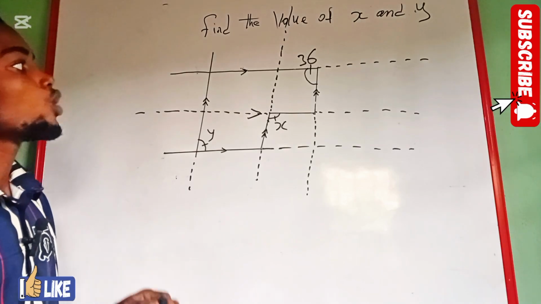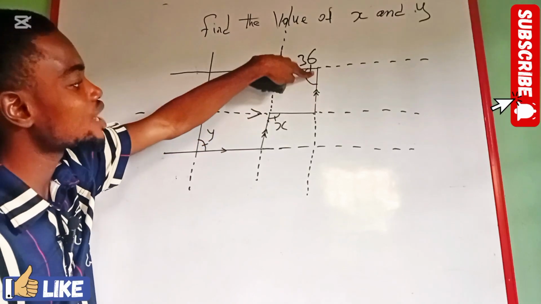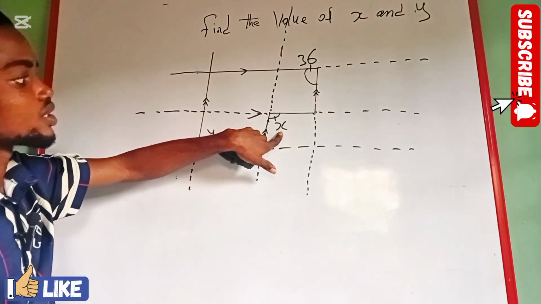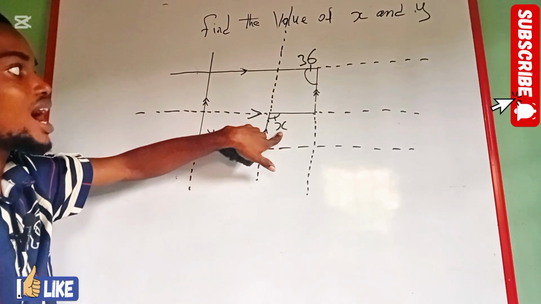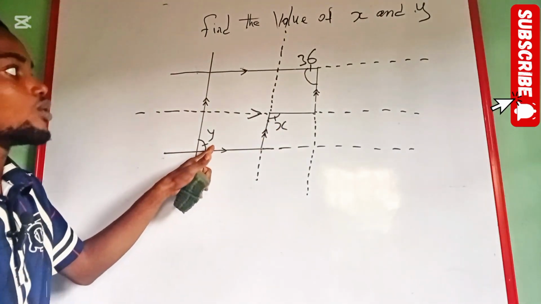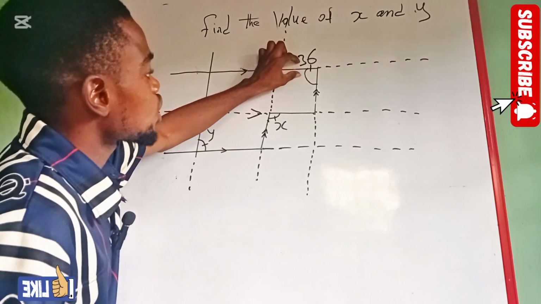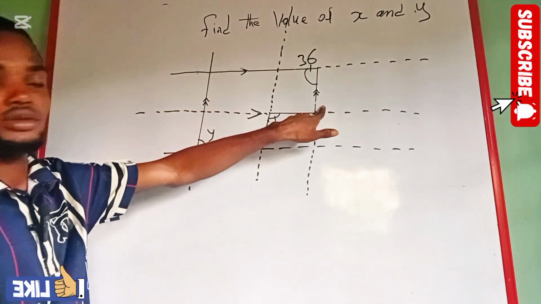You understand? So what do we know? We have this angle over here, and I'm looking for S. How can I use this angle and get S and then get Y? Now look at what is going to happen. This angle here is alternate to this angle.